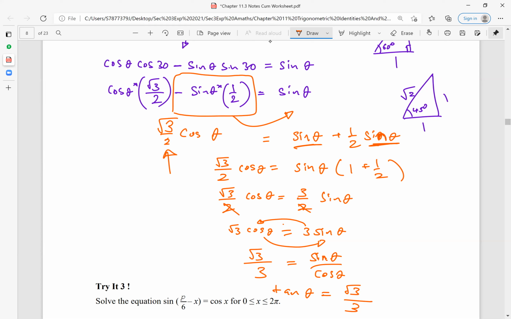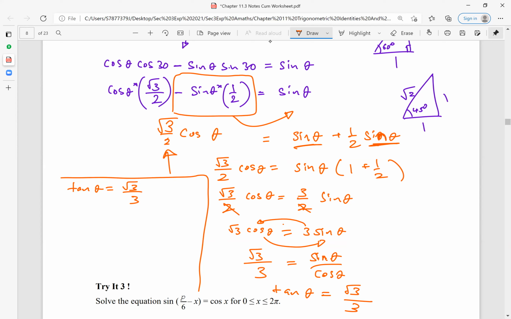Sorry, I don't have enough space, so I need to do it over here. So let me rewrite here. Tangent theta equal to square root 3 over 3. So what is theta then? What do I need to do? You remember what we have learned previously?